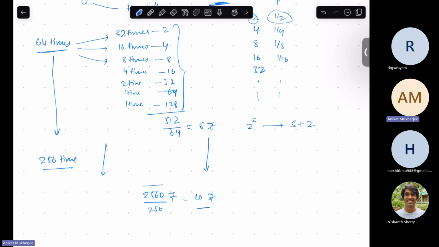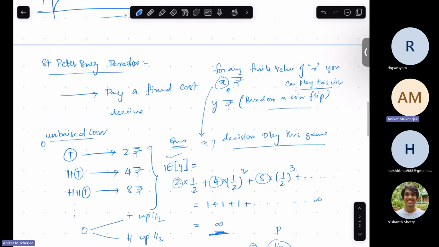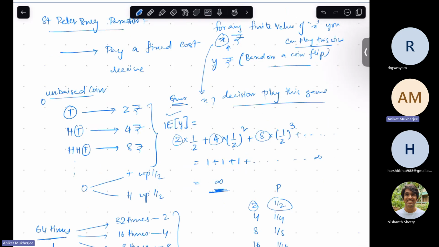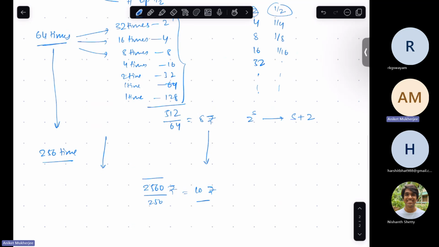This is an approximation that you can make to come up with a utility function, not to solve this problem, but to remove the paradox that you have created in the St. Petersburg paradox. Your utility function needs to be of the form log t to the base 2 plus 2.